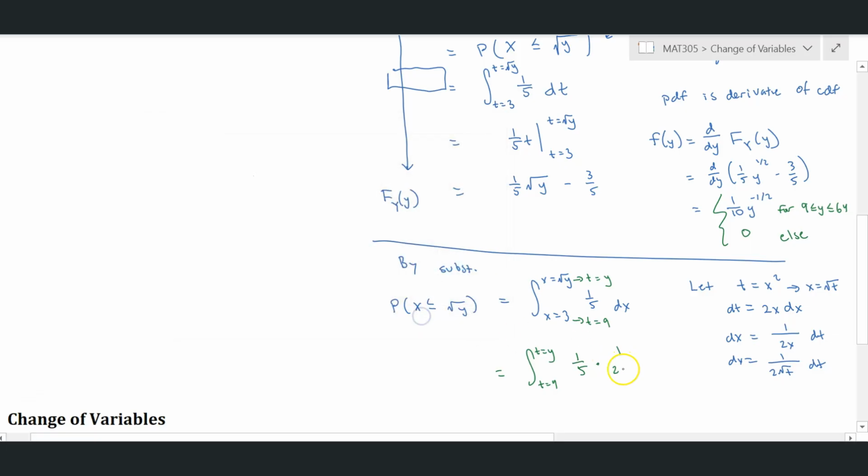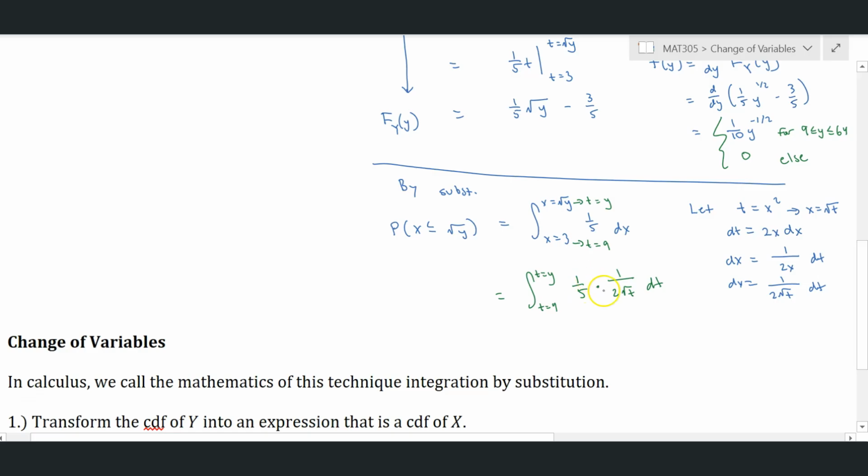And this is a real kind of roundabout way of doing it, but here lies more of the logic of calculus. And this is our PDF, right? So notice that there's the 1/10 t to the negative 1/2.